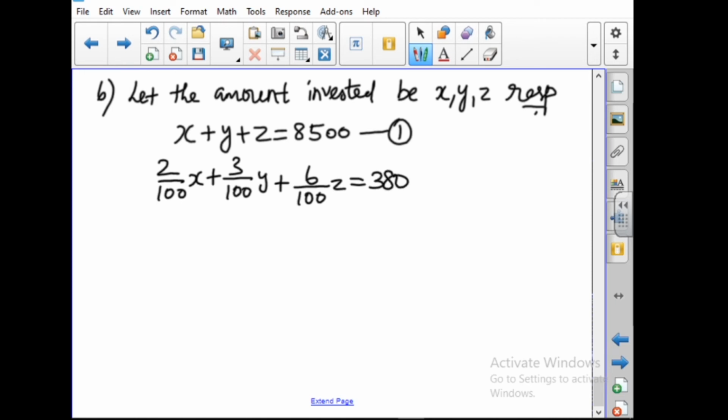So let us multiply with 100. You will get 2x plus 3y plus 6z is equal to 38,000.